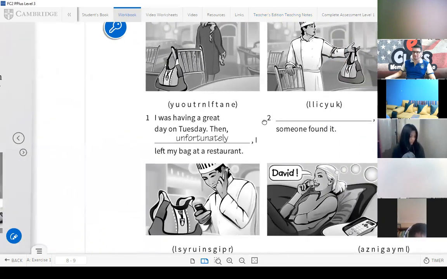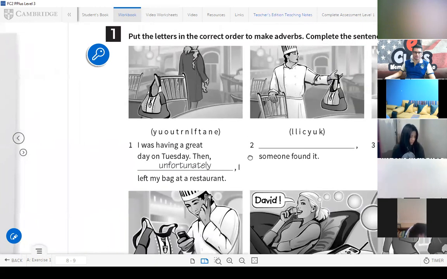¿Ya? Entonces, for example, aquí, ¿no? Está de esta manera. Si yo lo ordeno, this is unfortunately, ¿verdad? Entonces, I was having a great day on Tuesday, then, ordeno esto, unfortunately, I left my bag in a restaurant, ¿no?